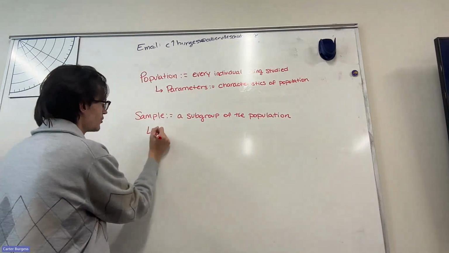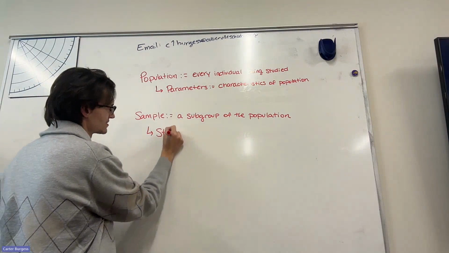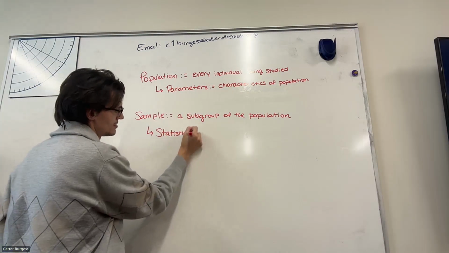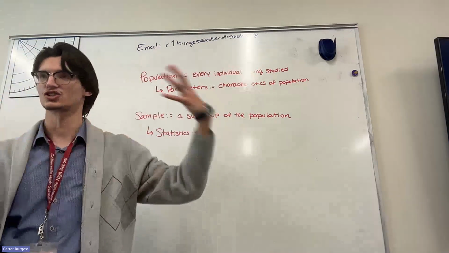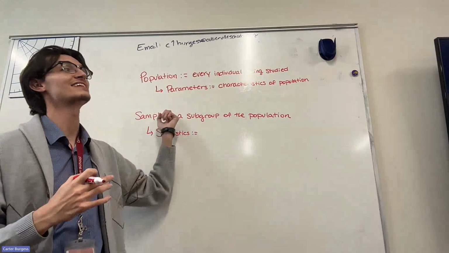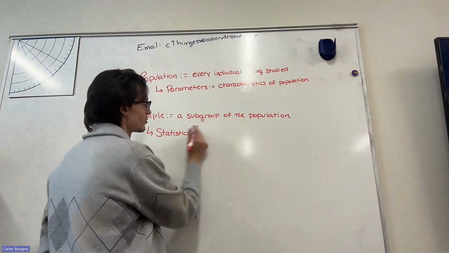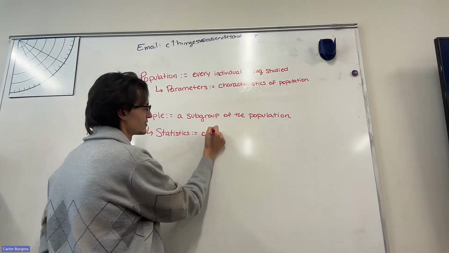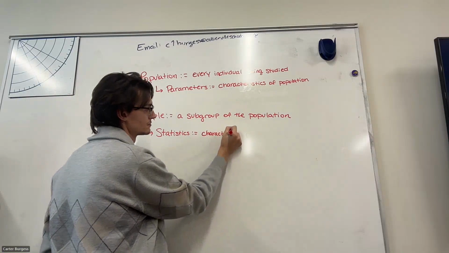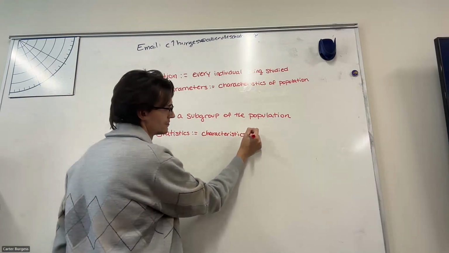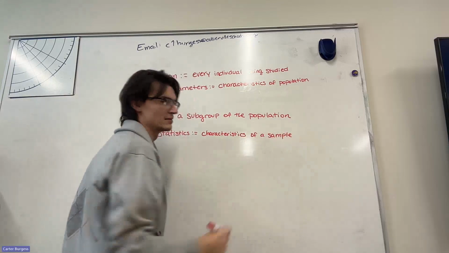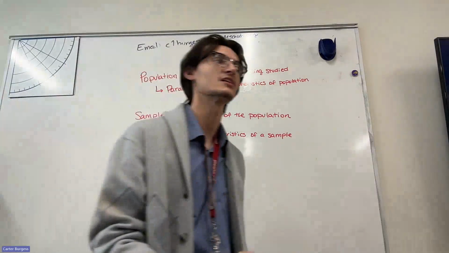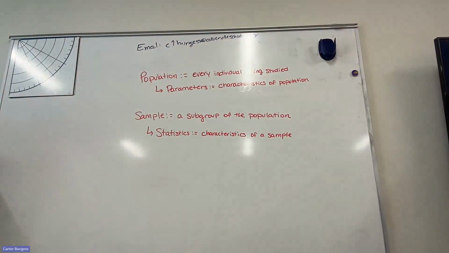And for a sample, we have what are called sample statistics, which, statistics in a broad view, are just our tools for analyzing data. Sample statistics are characteristics of a sample. The alliteration is really nice here: we have population parameters, which are analogous to sample statistics.